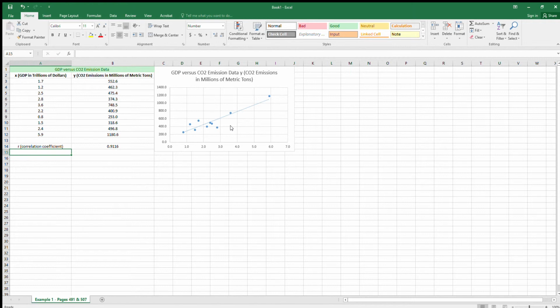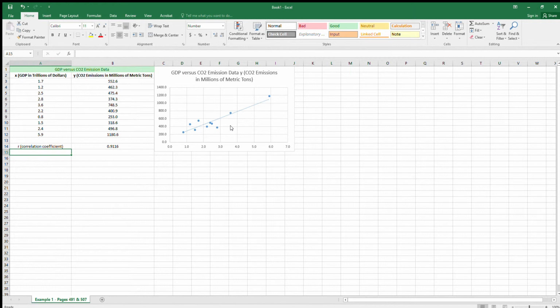The slope was given by r, the correlation coefficient, times the sample standard deviation in the y data divided by the sample standard deviation in the x data. The y-intercept b is given by y bar minus m x bar.